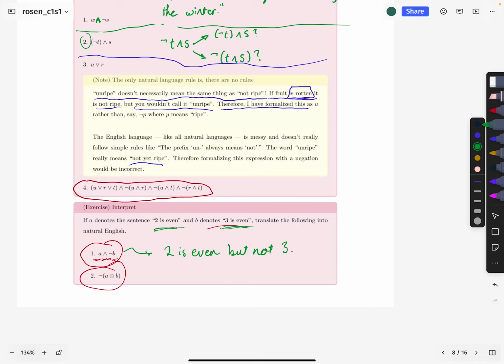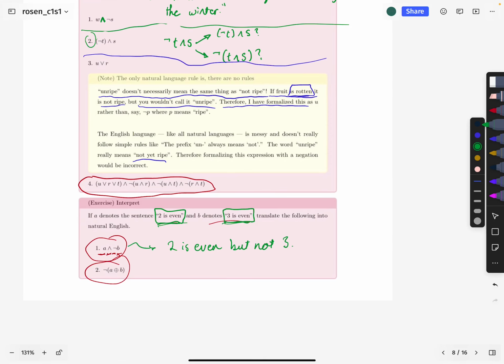Parity means even or odd, right? So this is saying the parity of 2 is even, the parity of 3 is even, and by saying that they're not both true, it means they don't have the same parity, that they are not both even and not both odd. So anyway, that's one way to express this.